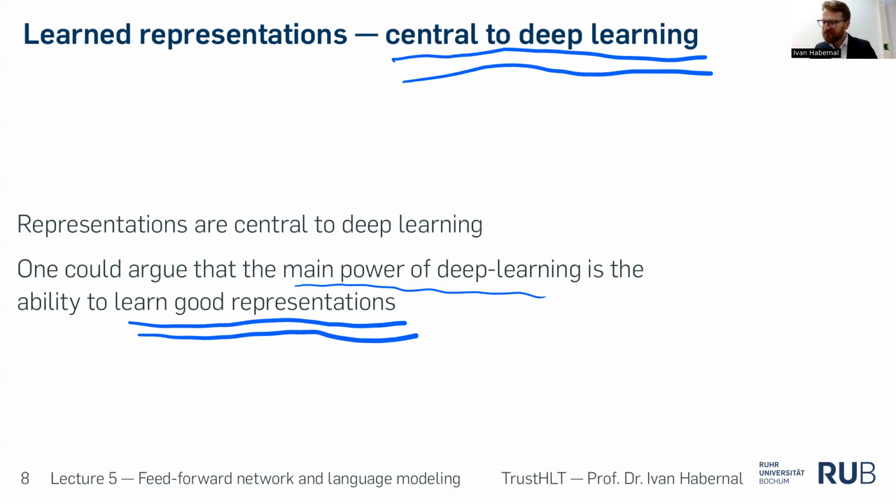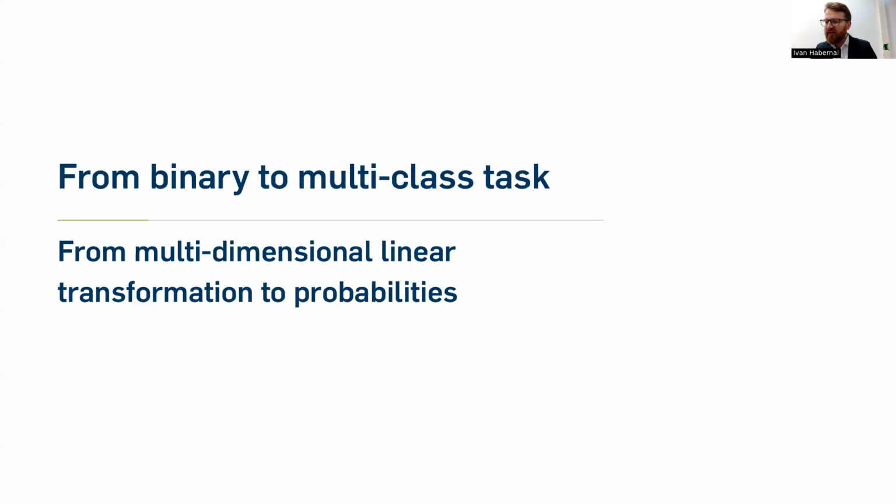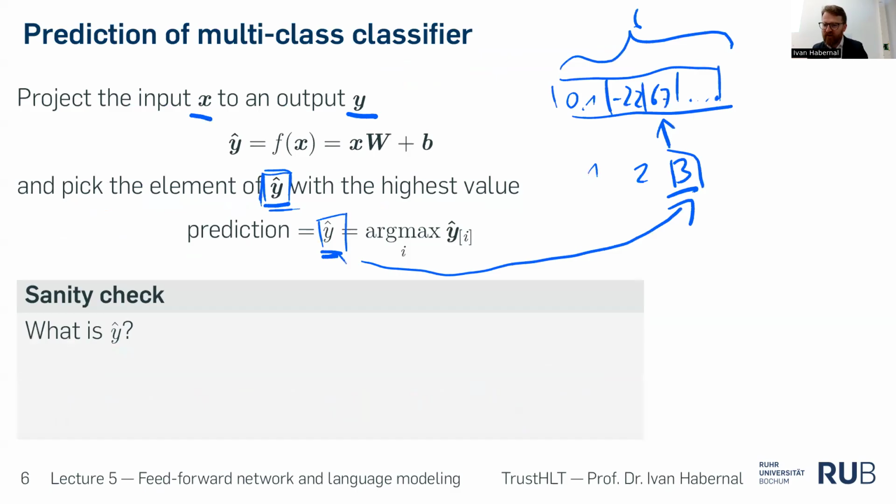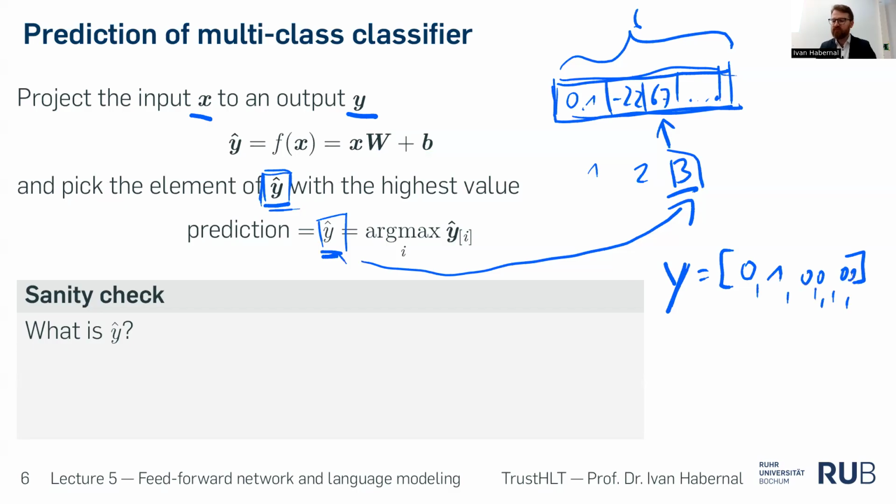Okay. So now let's go back to this problem. What did we have? We have a bunch of numbers, and maybe we want to turn it into something better for actual prediction, because our gold labels, our y, is some one-hot vector, something like 0, 1, 0, 0, 0, 0.